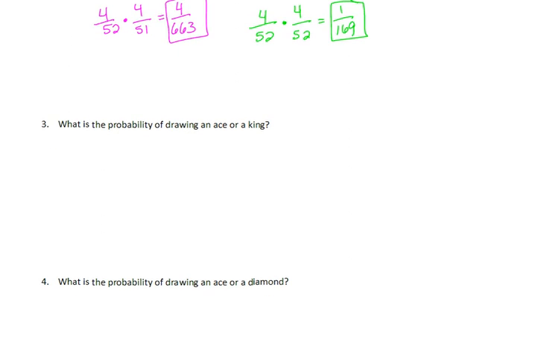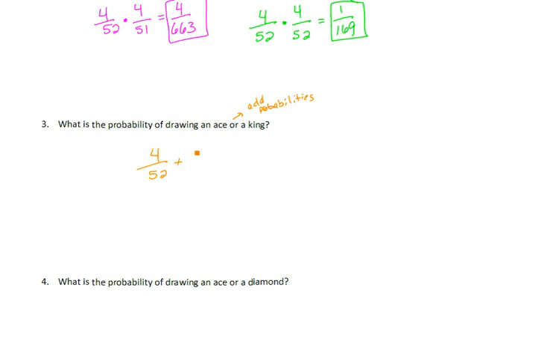Now let's look at 3. This is saying what's the probability of drawing an ace or a king. Okay, not quite so hard on the stipulations here, so when we see that word or, we're just going to add our probabilities. And I'm not going to talk so I can write this right. Okay, so let's go ahead and look at this. Probabilities of drawing an ace, 4 out of 52, or we're going to draw a king.